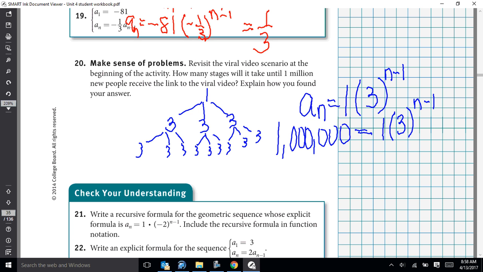But we don't know what root to take, right? So 3 to what number gives us something close to 1 million? 15 is too high.